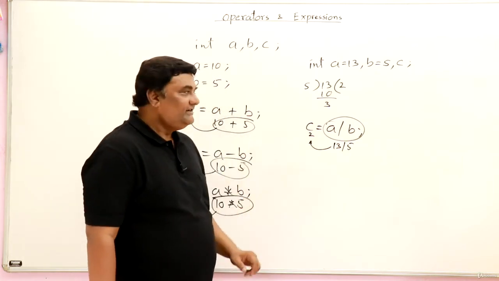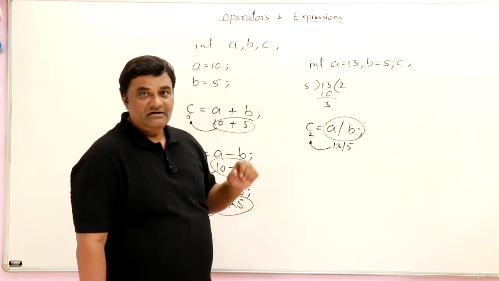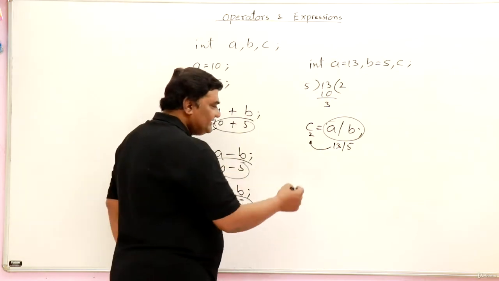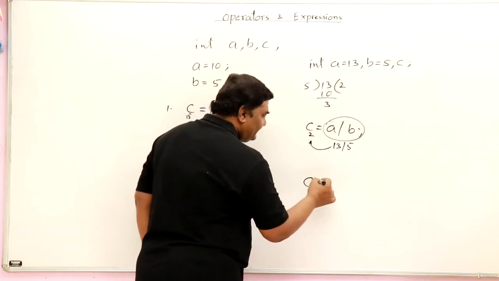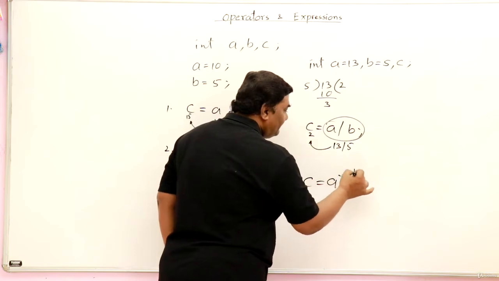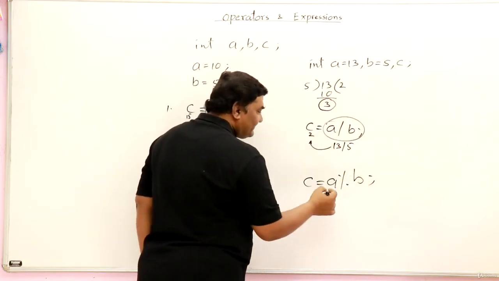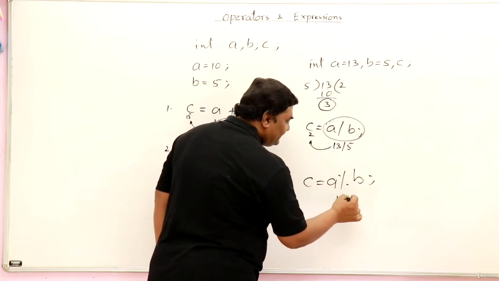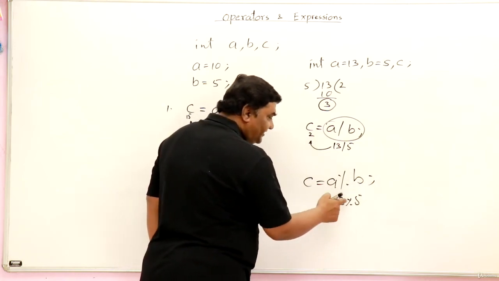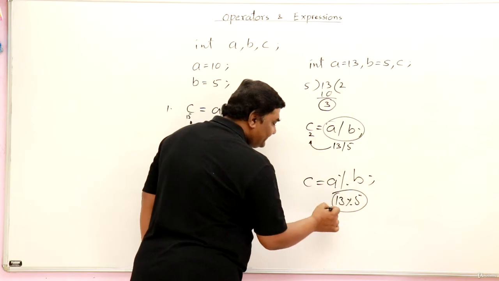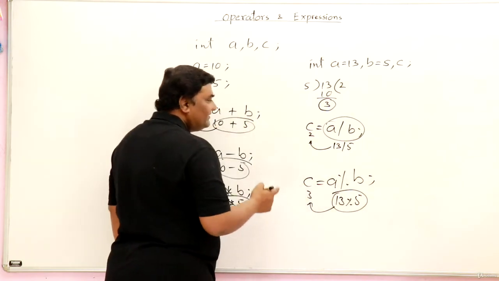Now next thing we will see how to use mod. Mod means what? See, here instead of this next statement I will write C assign A mod B. So what is mod? The remainder. What is that? 3. So when 13 is mod by 5, after division the remainder is 3. So this gives remainder 3. That's it.